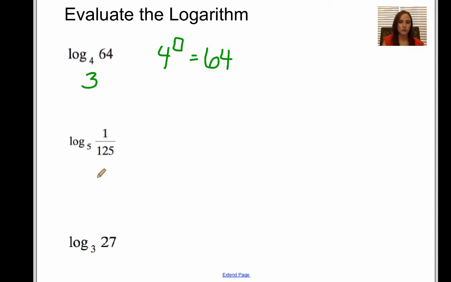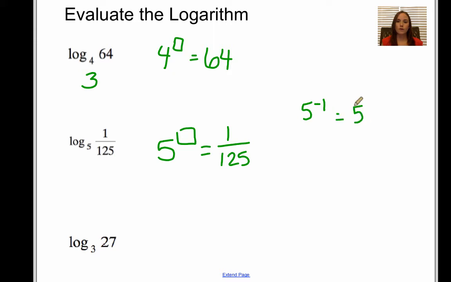So in this case, if we were to evaluate this or simplify it, find the value of it, our value would be 3. Down here, we want to say 5 to what power? 5 to some power equals 1 over 125. Well, first of all, if I'm going from a base of 5 to a fraction that looks like this, if it were 1/5, I would know it would be -1, because 5 to the -1 power equals 1 over 5, okay?